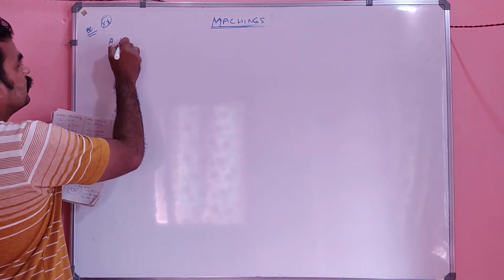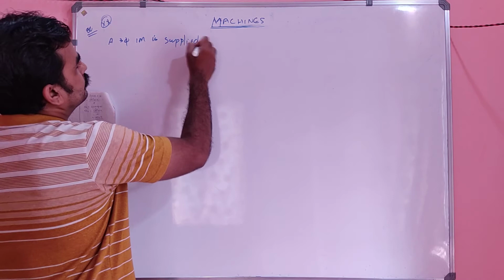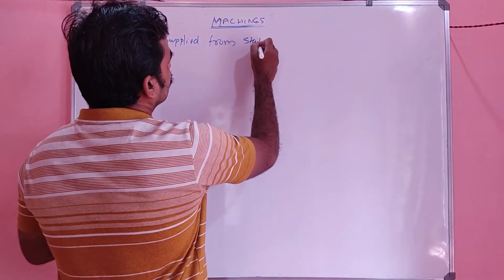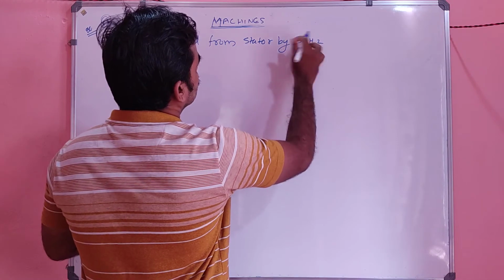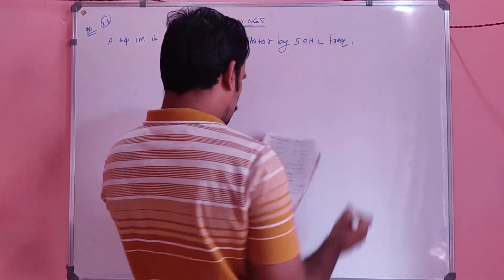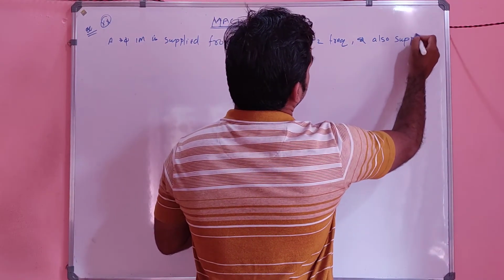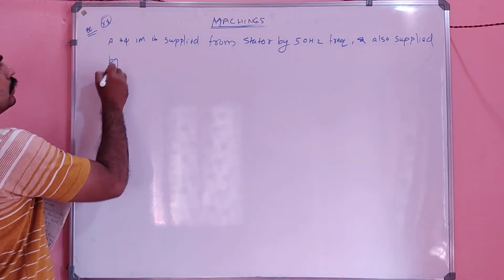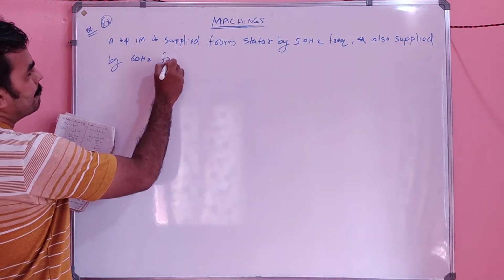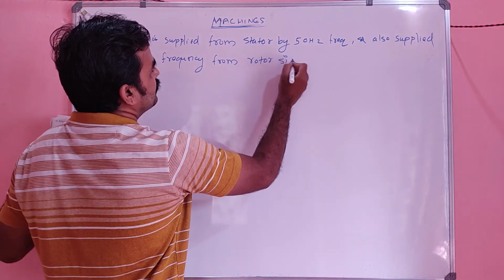A 3-phase induction motor is supplied from the stator by 50 hertz frequency, and also supplied by 60 hertz frequency from the rotor side.